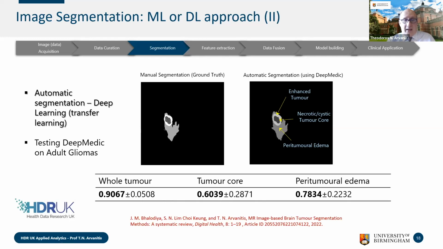And again, most recently, we have done a review of what is happening in this area, and there is plenty of work in terms of transfer learning, again, because we cannot achieve deep learning with the limited data sets we have, but we can do transfer learning or approaches where we create synthetic data sets.